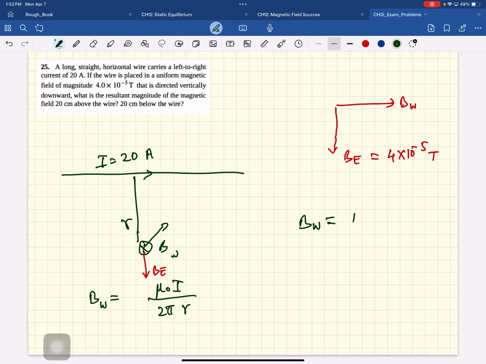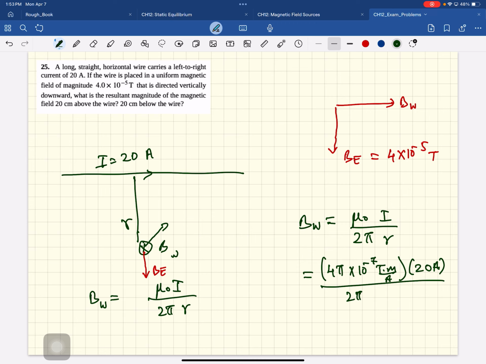Okay, mu naught I over 2 pi R, where I is 20 amps. So 4 pi times 10 to the minus 7 Tesla meter per amp, current is 20 amps, 2 pi, and R is 20 centimeters, 0.2 meters.